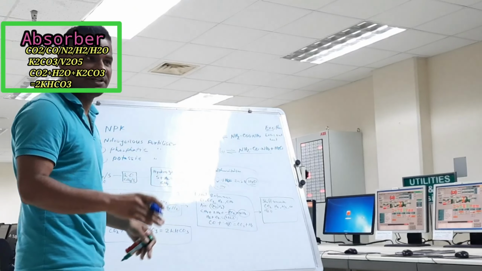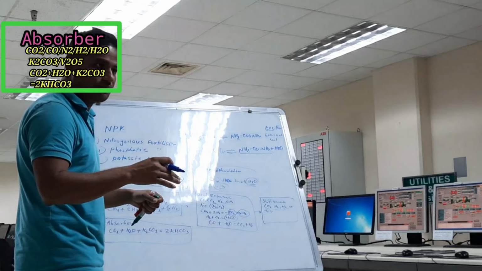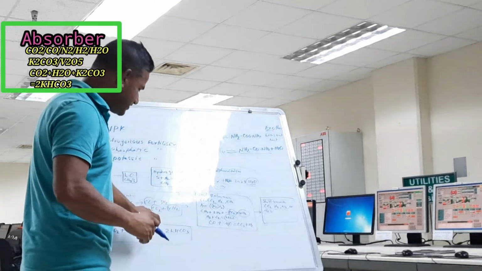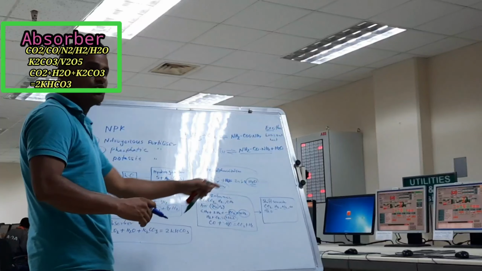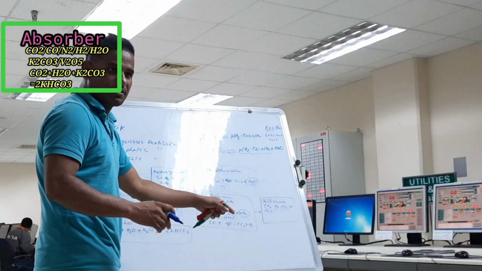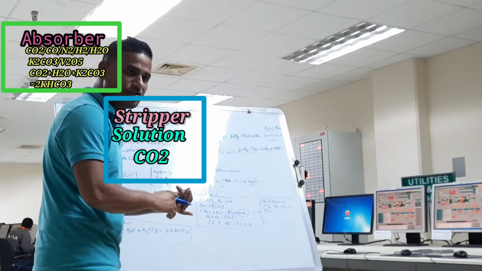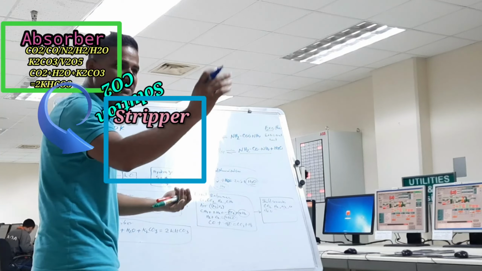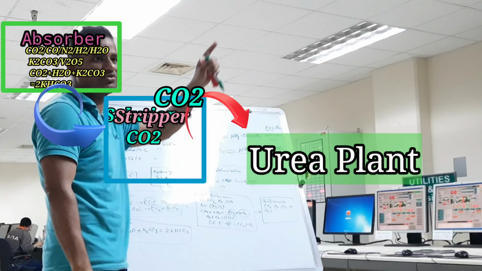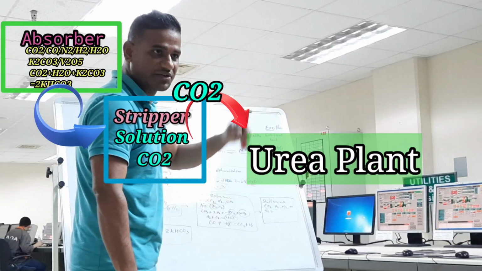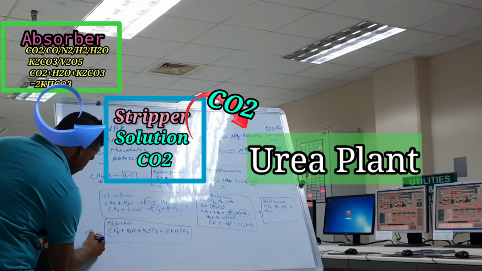For stripping CO2 from the Benfield solution, the ammonia plant uses an HP section and LP section, and this solution continuously recirculates. So CO2, CO and unconverted gases will go to the methanator, and this solution will go to the stripping system. After stripping, CO2 will go to the compressor, and after the CO2 compressor it will go directly to the reactor.